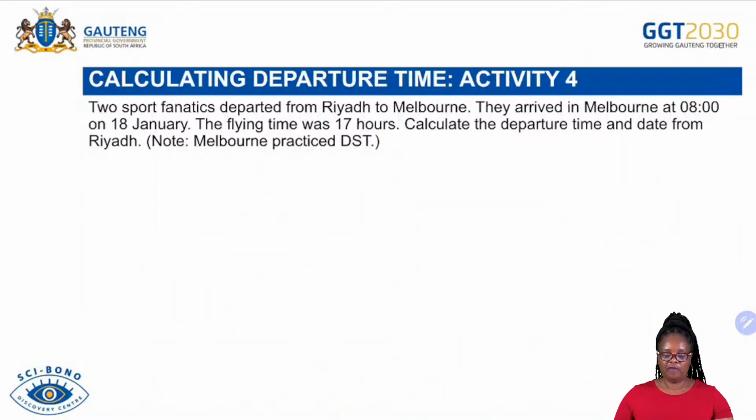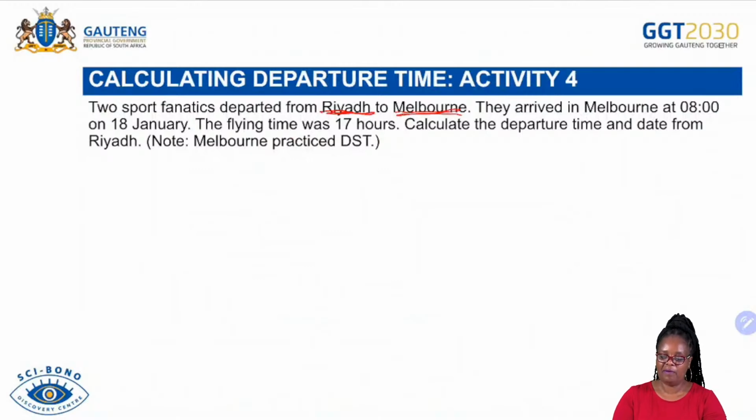We have two sport fanatics who departed from Riyadh to Melbourne. Already we have identified our two places, Riyadh and Melbourne.